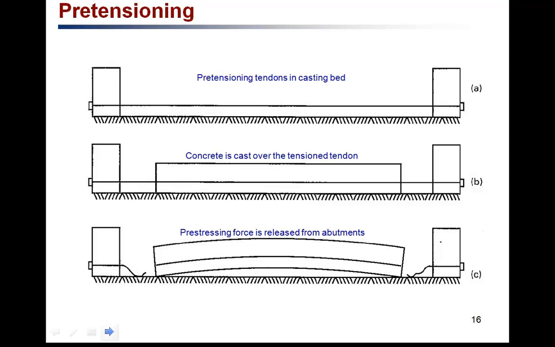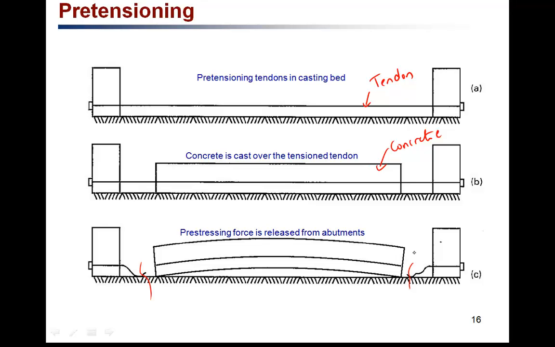If you look into the steps, first what is done is the pretensioning wire. This is the tendon. It is first stressed, and on this tensioned tendon the concrete is cast. And after the concrete has gained proper strength, the wires are cut, and the wire will then transfer the prestressing, the compressive force, to the concrete through the bond between the concrete and the tendons.